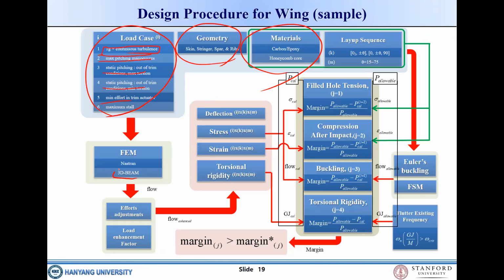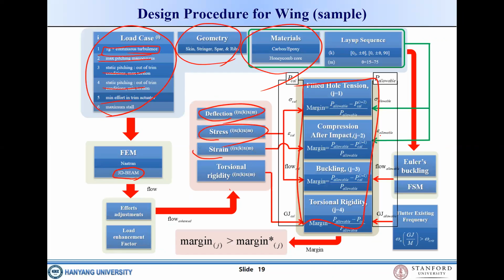And then, what is this? 3D beam is the one you are using. So I do use it. We use this one for real design of an airplane. And then you get the deflections, and you get the stress, and then there is a condition, safety factors.